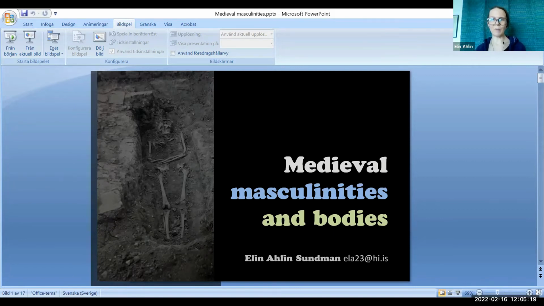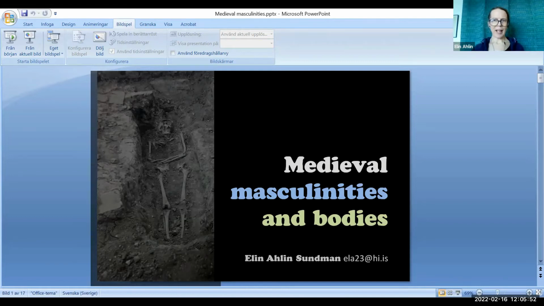So it seems to fit, at least for this particular context. I also found it really useful to see new aspects of life in the past. Let's have a look at some masculinities from medieval time. I collected a lot of different pictures of men in medieval time, just to show you the diversity.